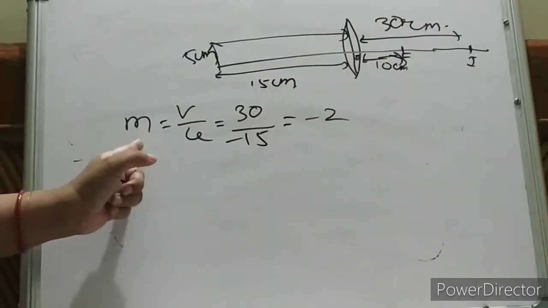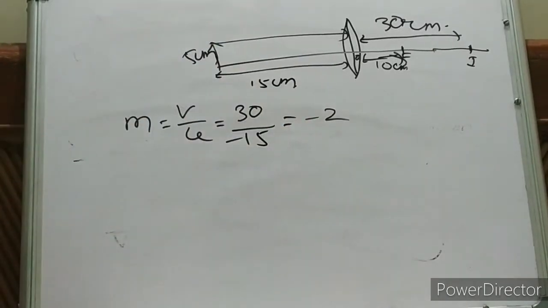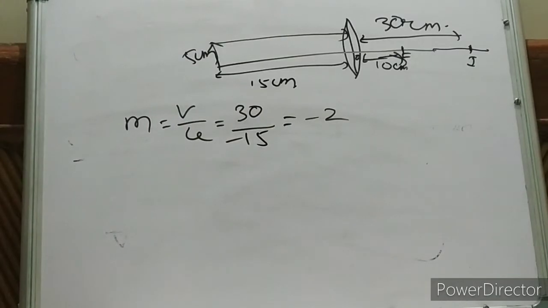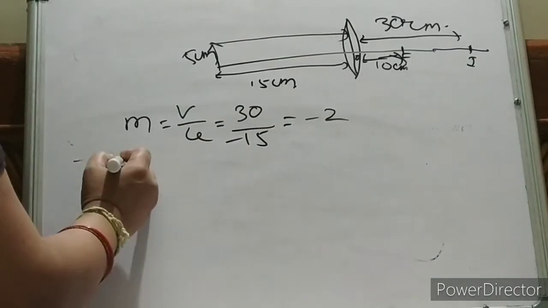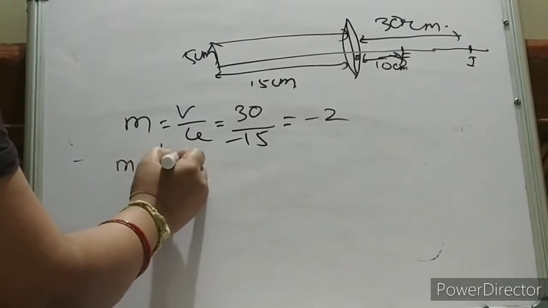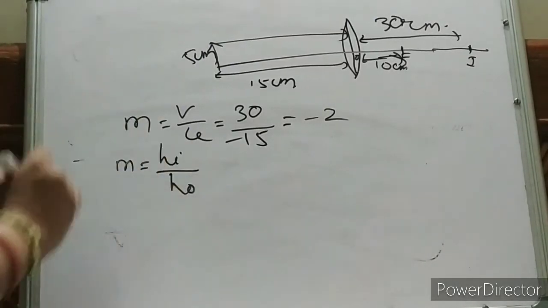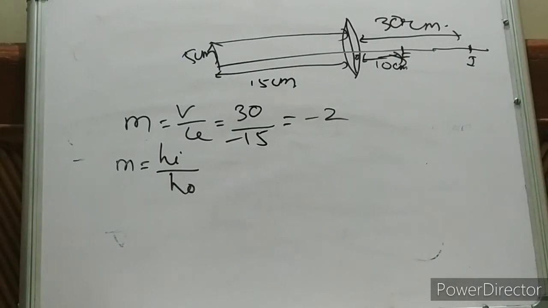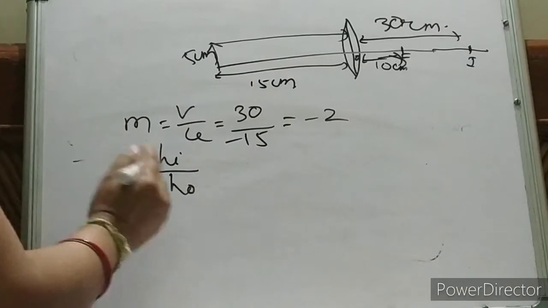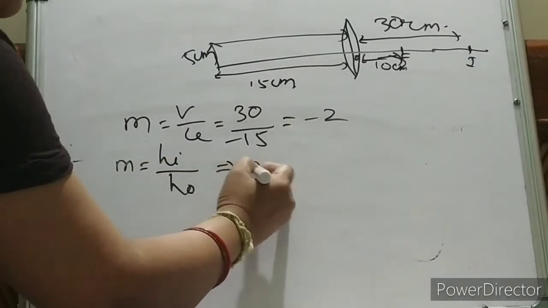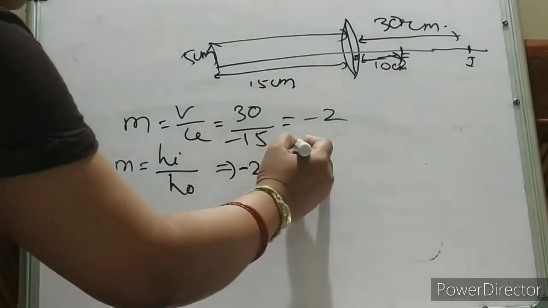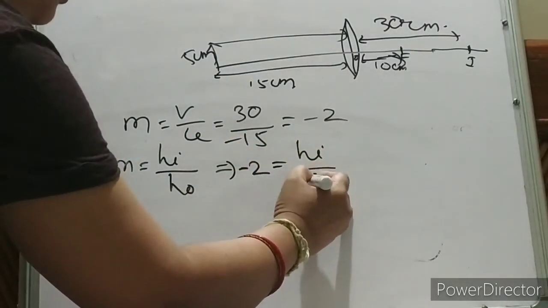Magnification is minus 2. That means it is a magnified image. Okay? And we know m is also height of the image by height of the object. And we know m now, so we can put minus 2. The height of the object is given, that is your 5.